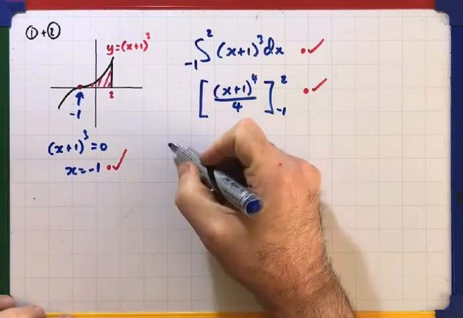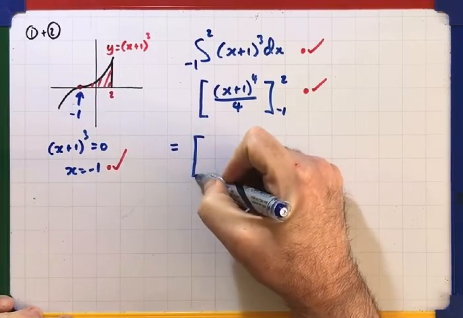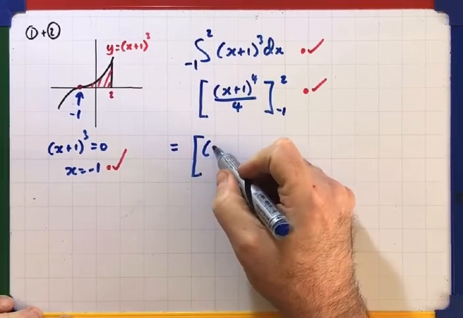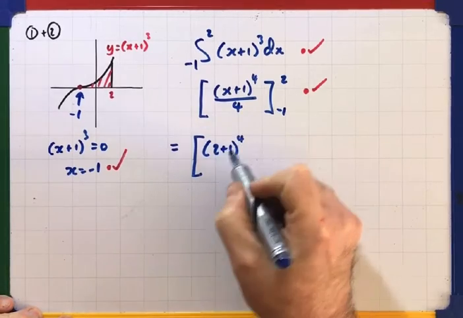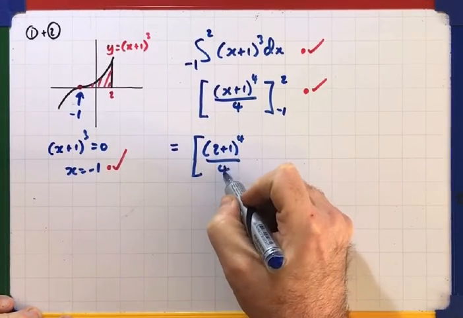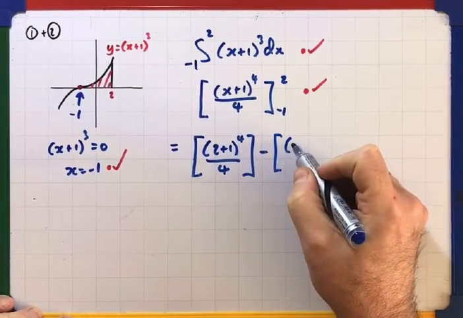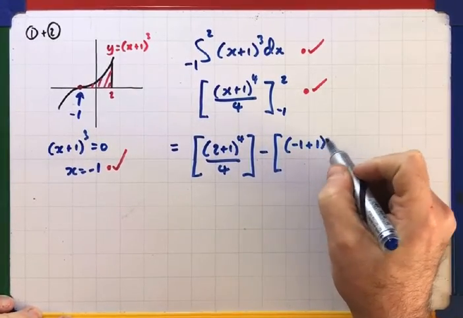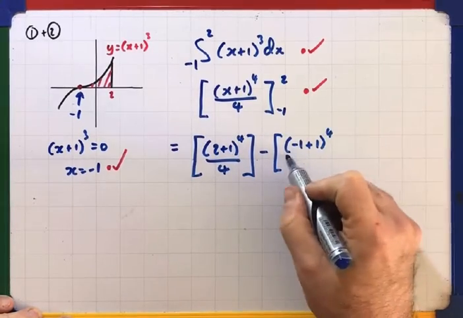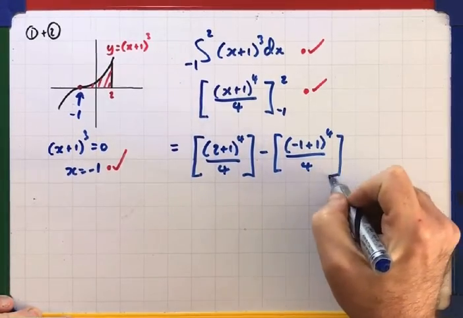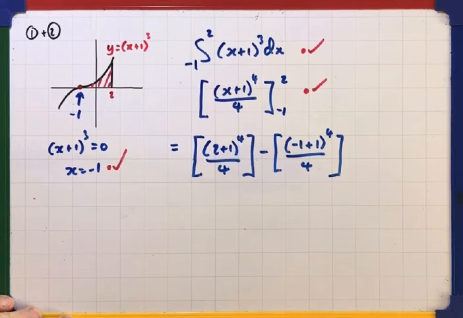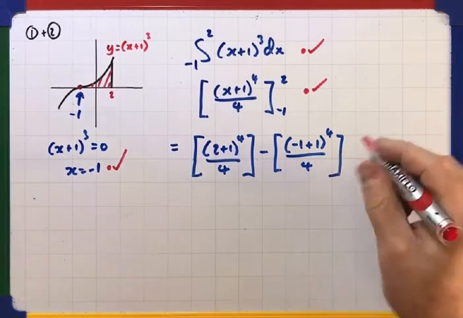Okay, putting in our numbers. Upper limit first, that's 2 plus 1 to the power 4 over 4, take away -1 plus 1 to the power 4 over 4. Plugging in the lower limit. What that gives you, in fact, you get a mark for doing that as well.